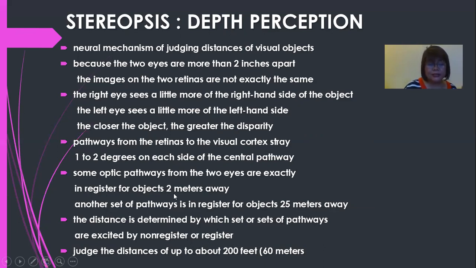So if you are seeing two objects, one is 2 meters away, the other one is 25 meters away, the 25-meter object registers in this area of the retina and the brain, and this one registers in a certain area of the retina and in the brain. Okay, so the distance is determined by whether the pathways are excited or non-registered.